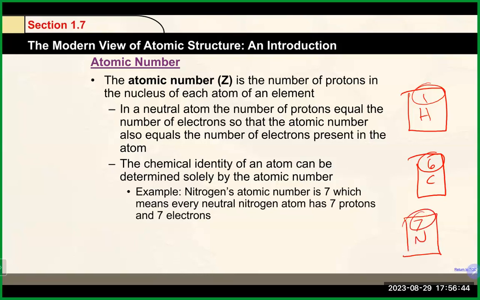That means if we had a neutral nitrogen atom, it would have 7 protons, which are positive, and because it's neutral, and we know it has no charge written there, it would also have to have a matching 7 electrons to give us no overall charge. So again, if it's neutral, you'll know also the number of electrons that are present. Any questions on that?